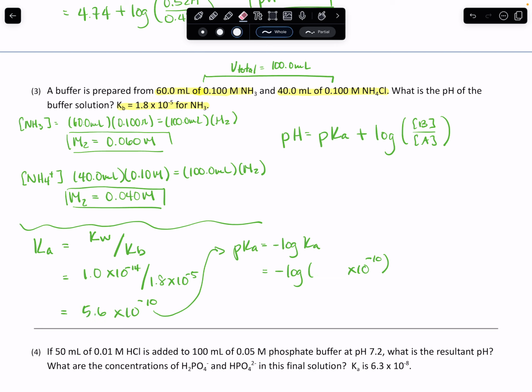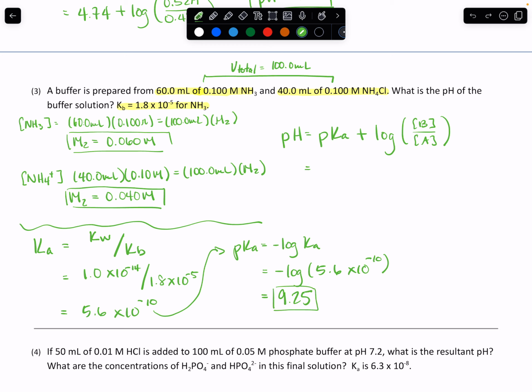Let's fix that just so we don't carry too many. I did my calculation earlier and used 5.56, but let's be accurate where we can. So the negative log of 5.6 times 10 to the negative 10th is 9.25. So that is our pKa.